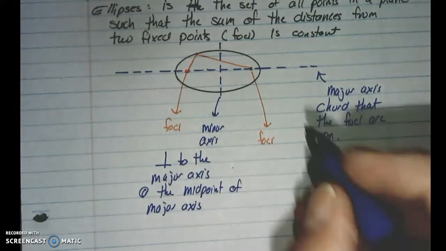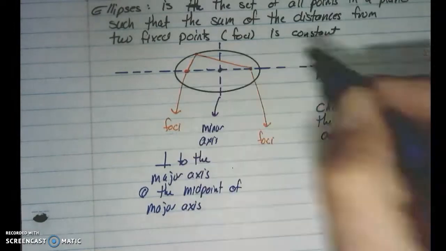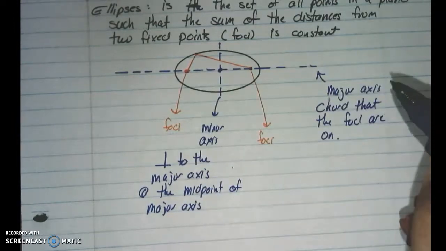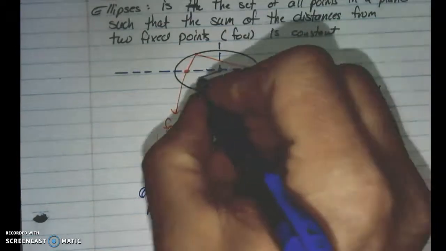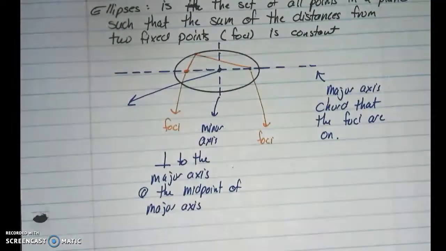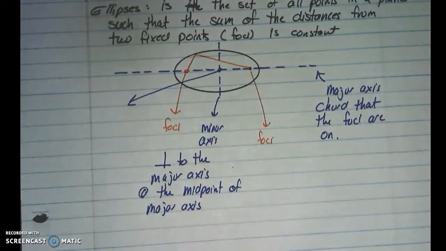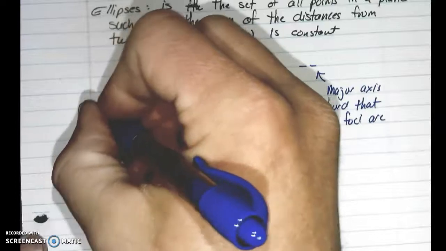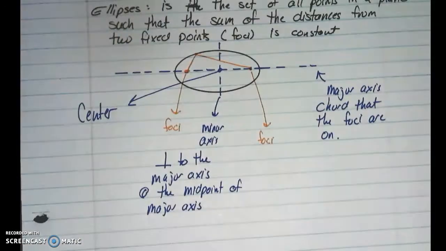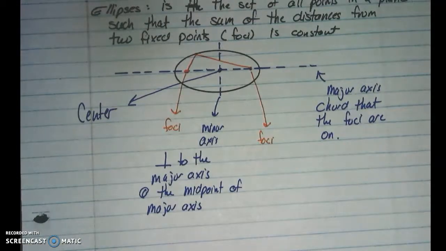Now this point right here is still the midpoint of the major axis, correct? But in an enclosed figure like this, it's also called the, take a guess? No guesses. It is called the center.